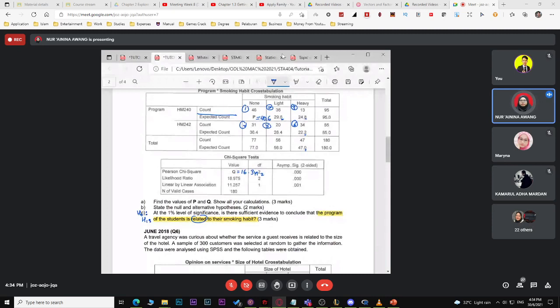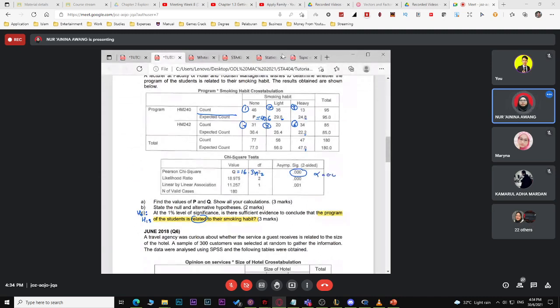And then for C, it asks you to test. Since it doesn't mention the method, you can use the chi-square calculated or you can use the P value to answer the question. So if you use the P value, you compare 0.00 with your alpha 0.01.